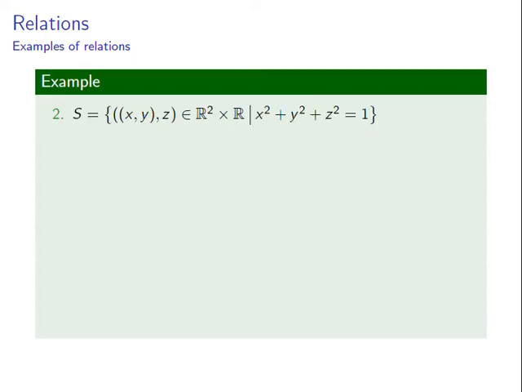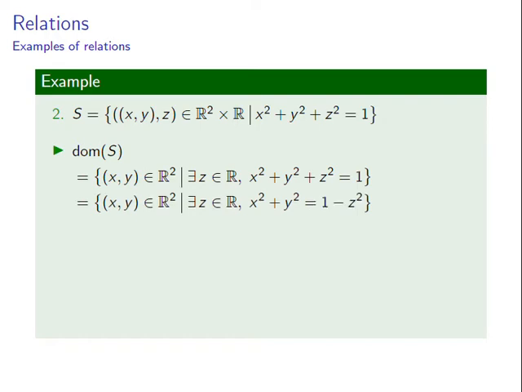Consider the relation S from R squared to R consisting of ordered pairs ((x, y), z) such that x squared plus y squared plus z squared equals 1. The domain of S is the set of all ordered pairs (x, y) of real numbers with the property that for some real number z, x squared plus y squared plus z squared equals 1.